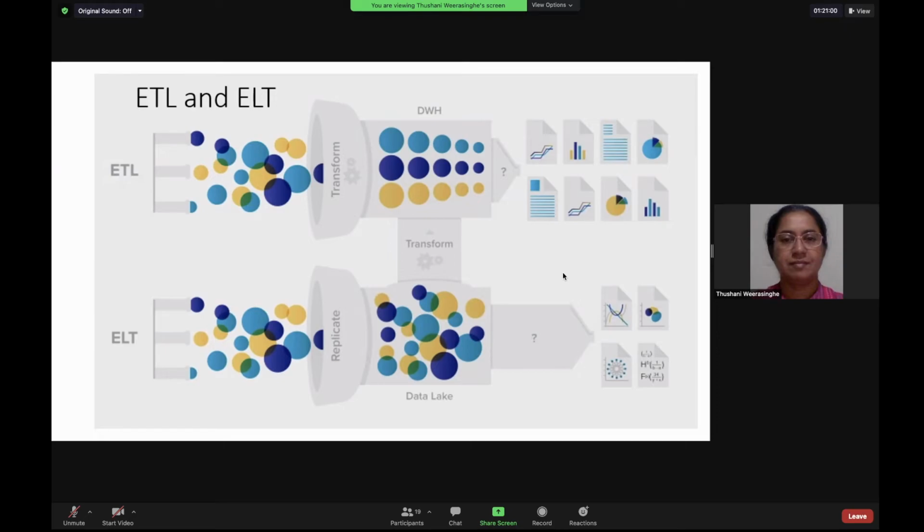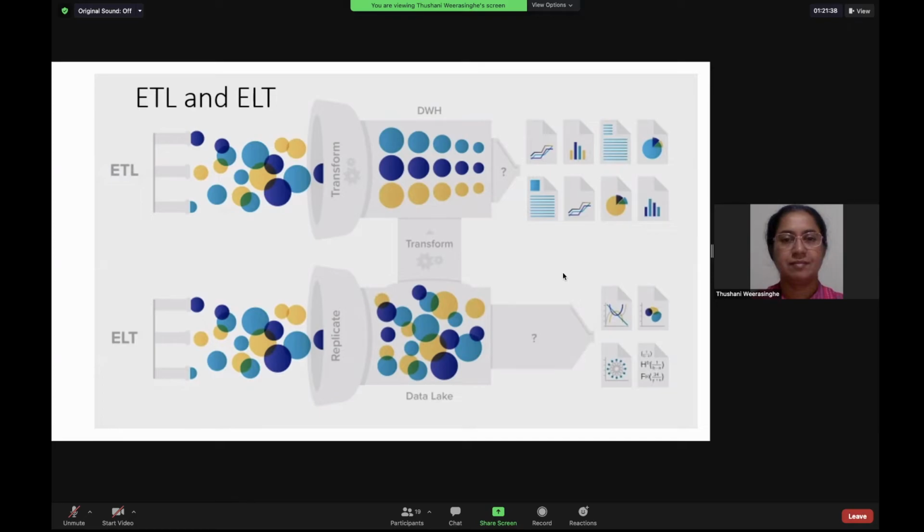But when we talk about data lakes, especially cloud-based systems, we have data lakes there. So then we have to talk about the ELT process. There you extract, then load, and then transform. Why? Because you have to put the data in a data lake, and that is for loading, and then you distribute it to the correct organization for transforming.